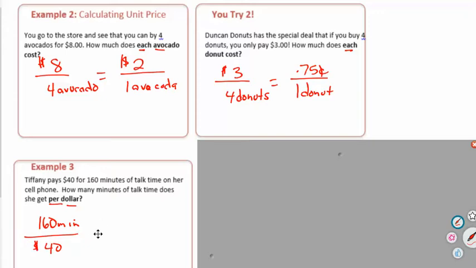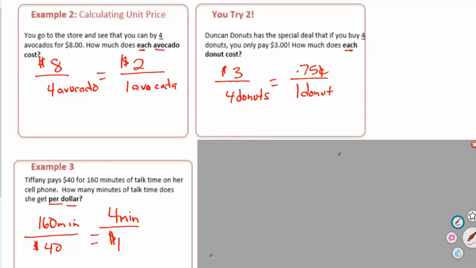And I want to know how much it is per dollar. So for $1. 160 divided by 40 would be 4. So she gets 4 minutes of talk time for $1.